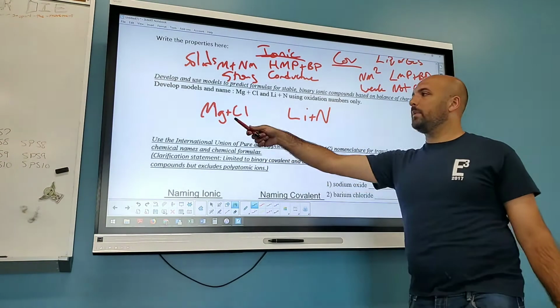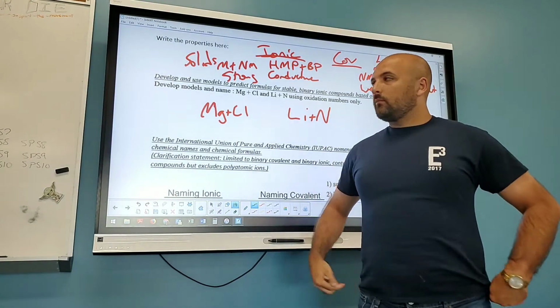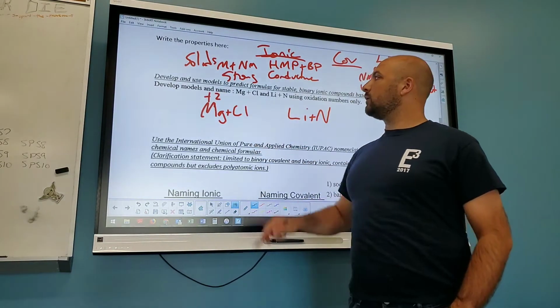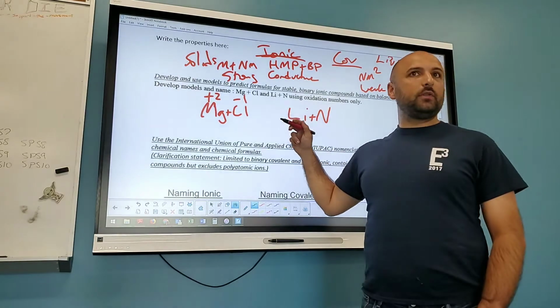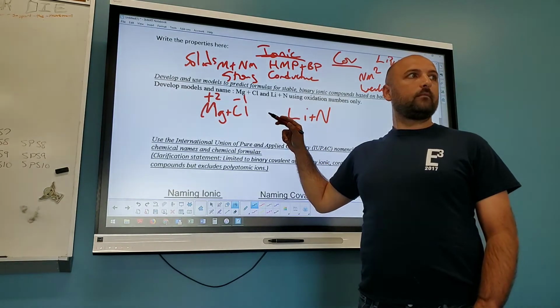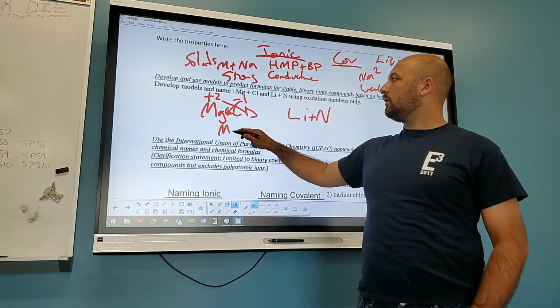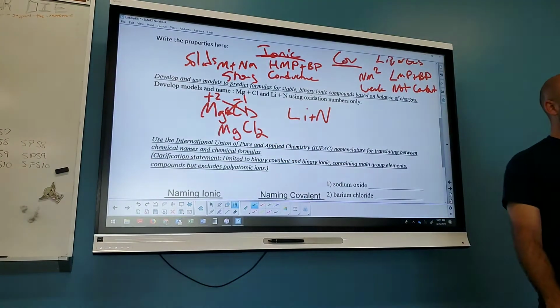What's the oxidation number for magnesium? 2 is not an oxidation number. Positive 2. Chlorine? Negative 1. And what do we do with these two? Swap the doodle, and we get MgCl2. We good with that?